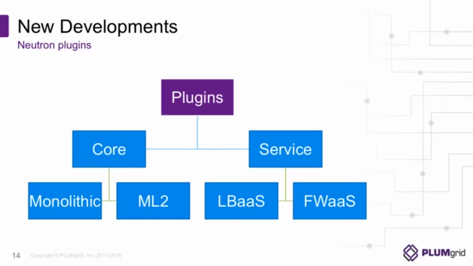So they allow you to use many different ones to achieve different parts of your functionality. And then there are service plugins, those are your typical X as a service, like load balancer as a service, or firewall or VPN as a service.